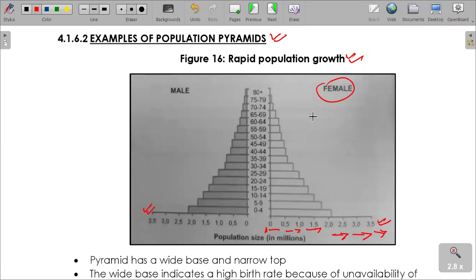How many women or how many female people are we having in a population? So in this regard, female are represented on the right, and male are represented on the left, as you can see on this graph here.